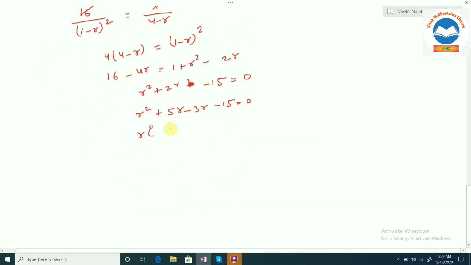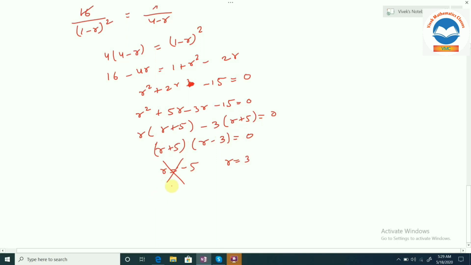If you take R common, you will get R into (R plus 5), and minus 3 common, (R plus 5), equal to 0. It means (R plus 5) into (R minus 3) will be equal to 0. So we are getting R equal to minus 5 and R equal to 3. R equal to minus 5 is not possible because they are saying all the numbers should be positive. So we are getting R equal to 3.